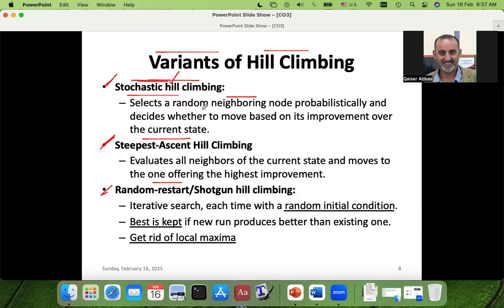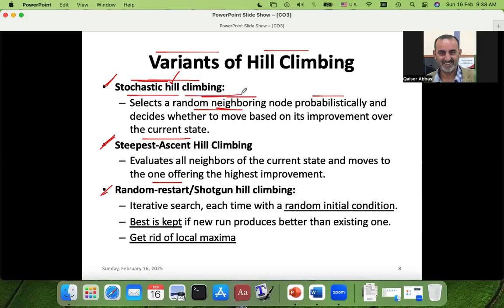So it will select the neighbors randomly. I have also written the word probabilistically because you can introduce some probability value for each state, and then check that if the probability of that state is greater than 0.5, you move to it; if it is less, you do not move. You can introduce something like that, but leave it.